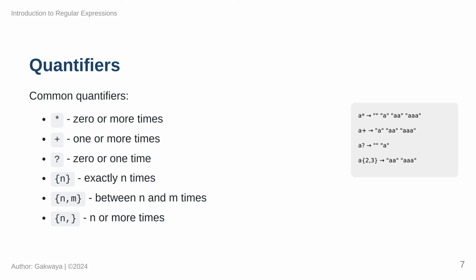It makes something optional. When you need more precise control, you can use curly braces. For example, 3 in curly braces means exactly 3 times, while 2,4 means between 2 and 4 times. These quantifiers can be applied to single characters, character classes, or groups, giving us powerful ways to describe patterns with varying lengths.